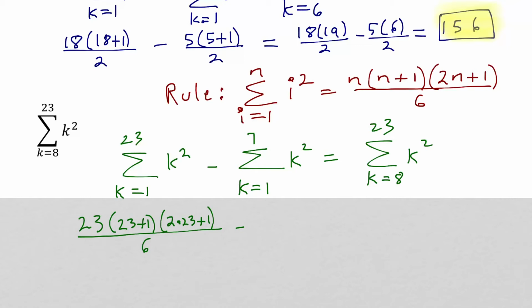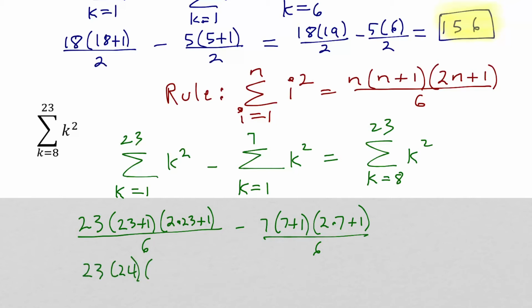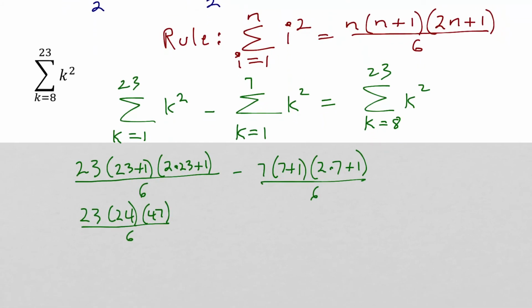So I've got 7 times 7 plus 1 times 2 times 7 plus 1 divided by 6. So that's 23 times 24 times 47 divided by 6 minus 7 times 8 times 15 divided by 6.